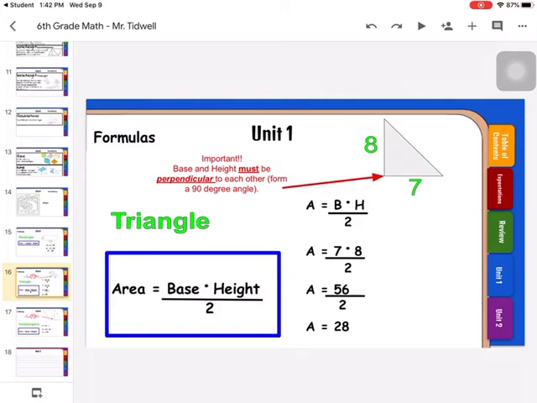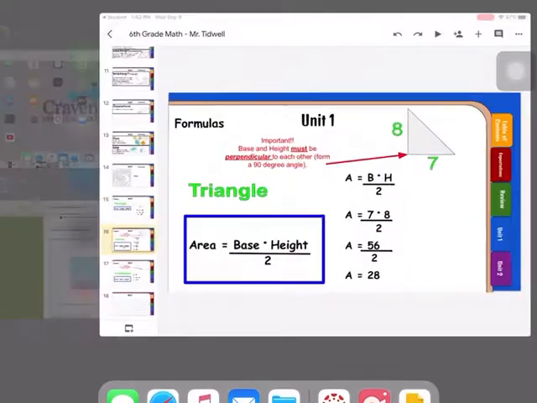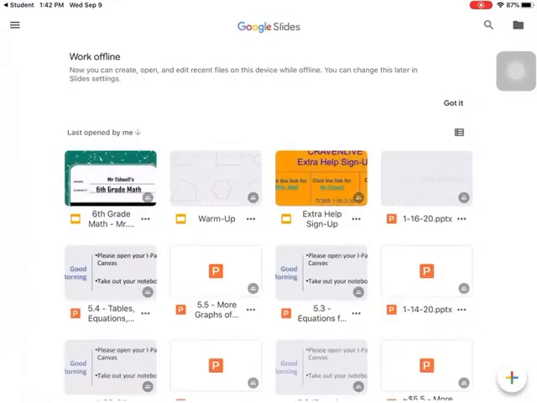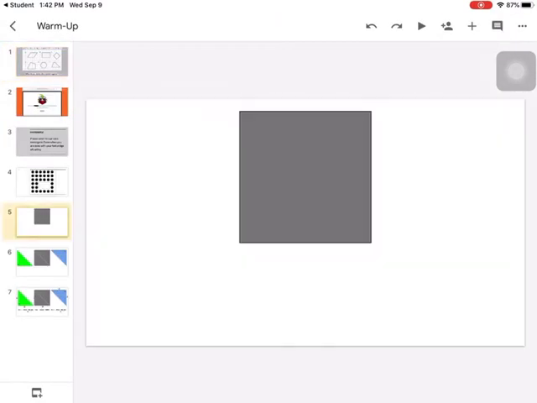Now I'm going to show you a little bit about why that rule really works. I am going to go into something a little different here. Give me 1 second, guys. Okay, so here we have a basic parallelogram or a square. We're going to see why that particular formula is the way that it is.